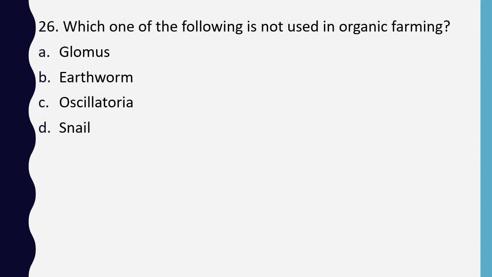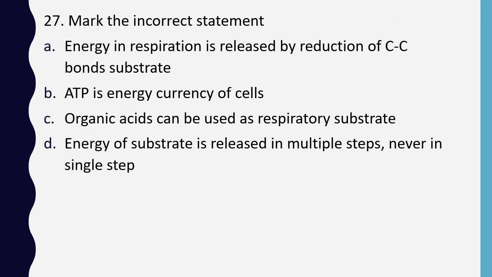Question number 26. Which one of the following is not used in organic farming? Glomus, earthworm, oscillatoria, or snail? Which one of the following is not used in organic farming? Correct answer is option D, that is snail. Question number 27. Mark the incorrect statement.